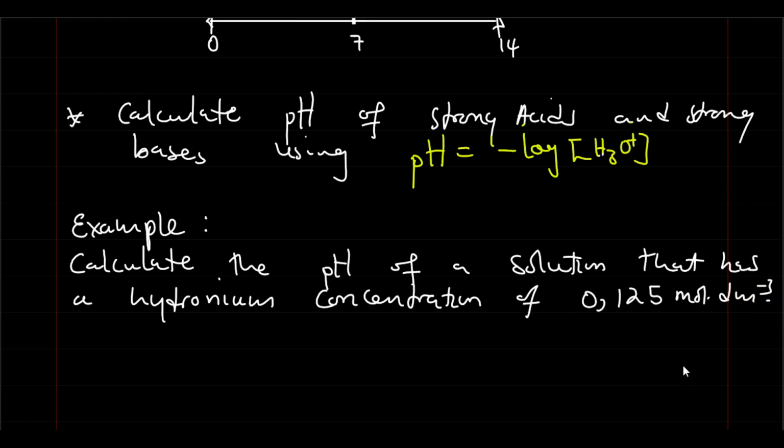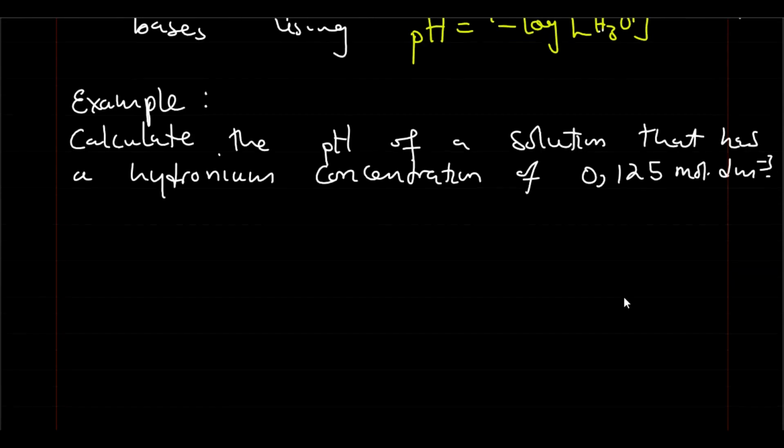So now they're telling you to calculate the pH of a solution that has a hydronium concentration of 0,125 mole per decimeter cube. So what do you do?